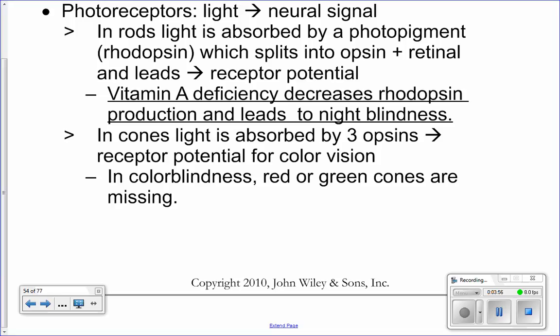They only send a signal when they get that light color hitting them and stimulating them to separate. Does that make sense? So you get 3 different opsins, which gives you the different cones. And if you lack the red or the green cones, then you get color blindness. We kind of already talked about that. Okay.